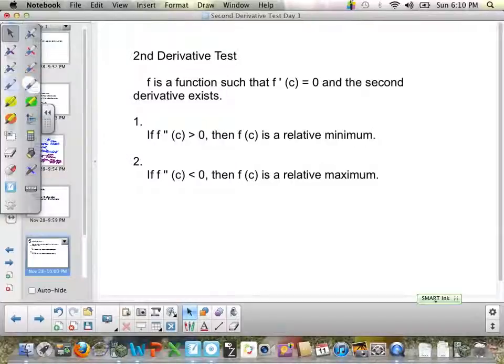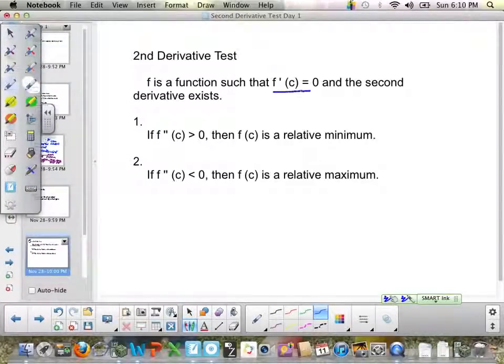And you can also use the second derivative test for finding max or min. For using the second derivative test to find a minimum, what happens is your first derivative is 0. Right? You have a function where your first derivative is 0, meaning it's not increasing or decreasing, so it's a max or a min.